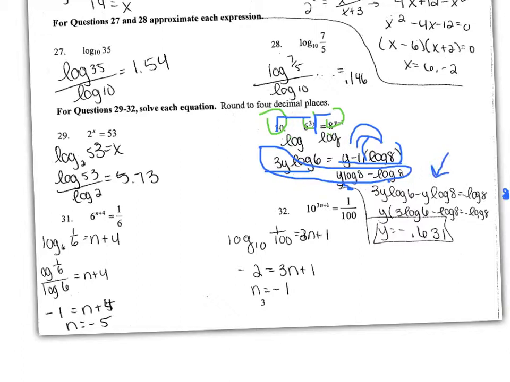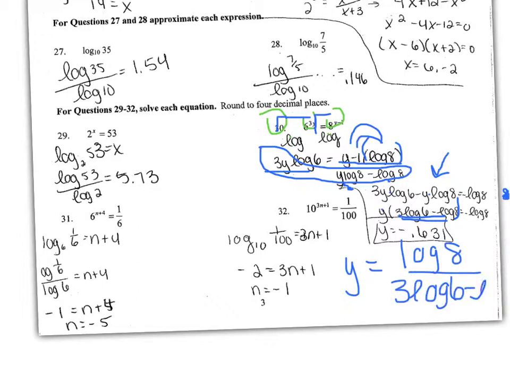Then I noticed both the terms have a y in them, and I factored that out. Once I had that factored out, I said, okay, this is just a number, so I'm going to divide both sides by it. So what I didn't write, ultimately at the end, I have y equals log of 8 divided by 3 log 6 minus log 8, that glamorous, gorgeous thing, which apparently gives me 0.63.